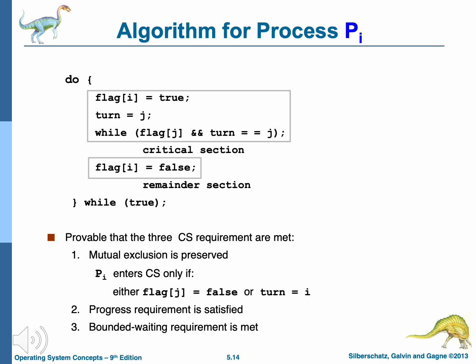If Pj resets flag[j] to true, it must also set turn to i. Thus, since Pi does not change the value of the variable turn while executing the while statement, Pi will enter the critical section (progress) after at most one entry by Pj (bounded waiting).